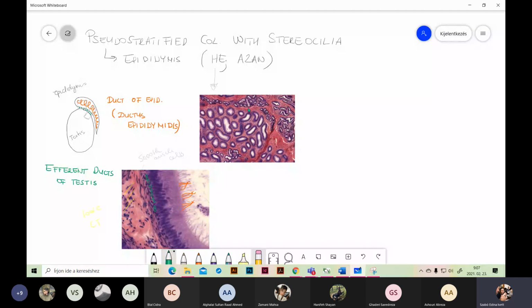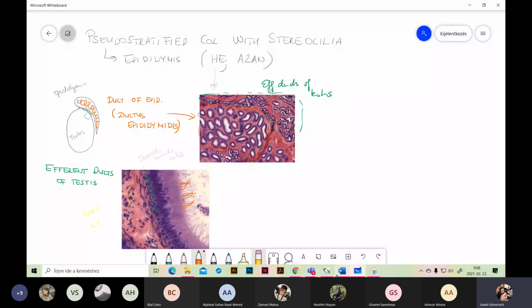these are the efferent ducts of testis, and for example, in this zone, you can see the cross-section of duct of epididymis.